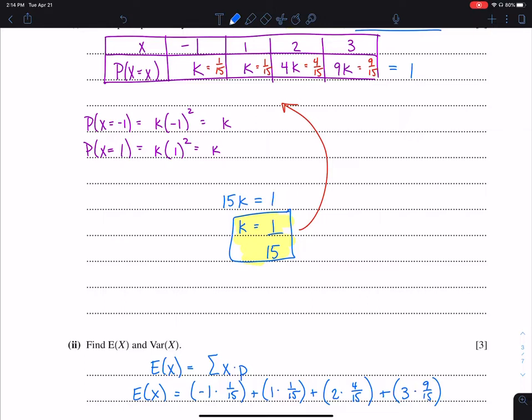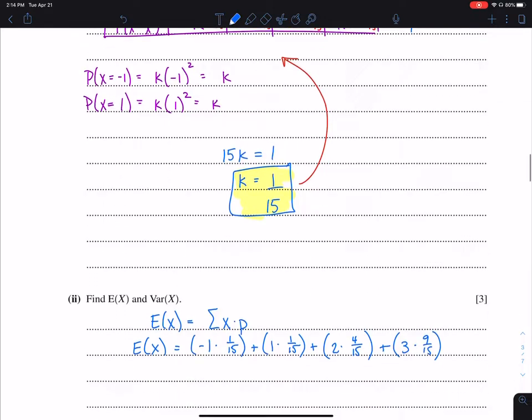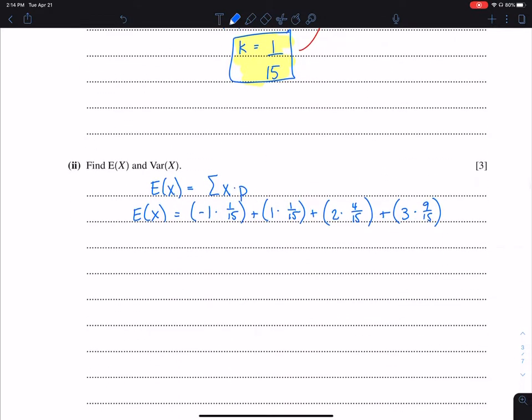And 9/15 can be simplified, but that is okay. We can leave it just like that. And your expected value comes out to be 7/3.